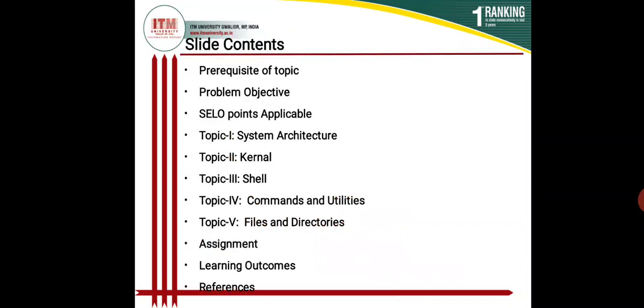If you have any further requirement for a particular topic, you can go to the reference section, where some online websites and references of books have been given. Now we will move to the next slide, the prerequisite of the topic.